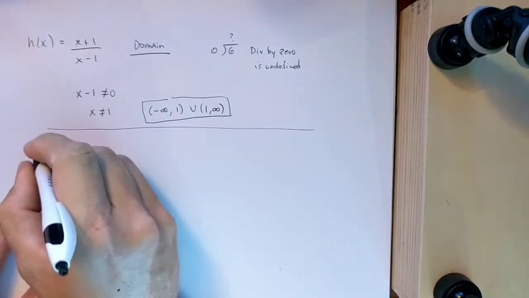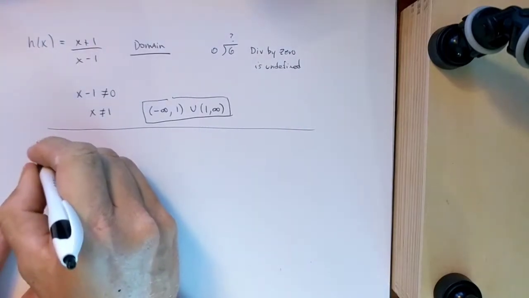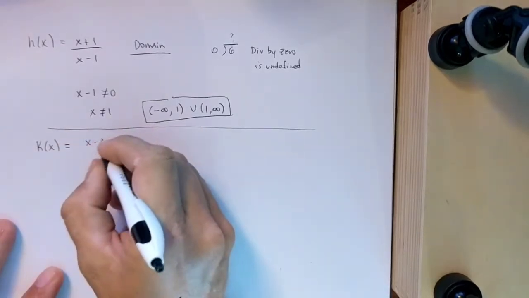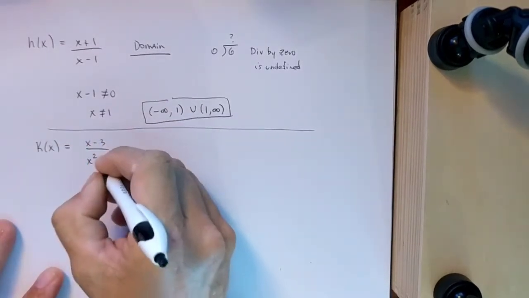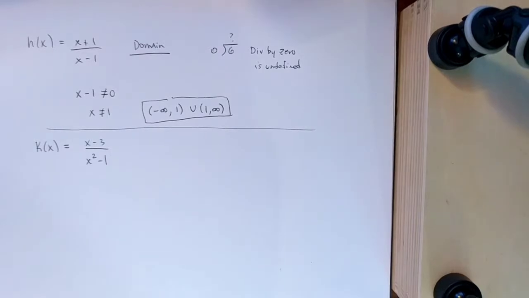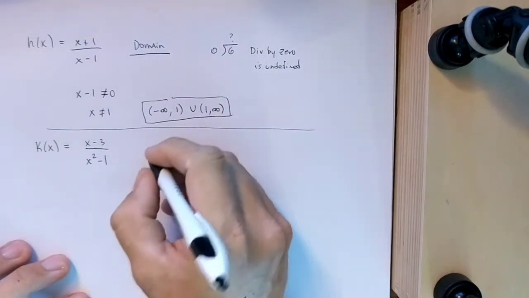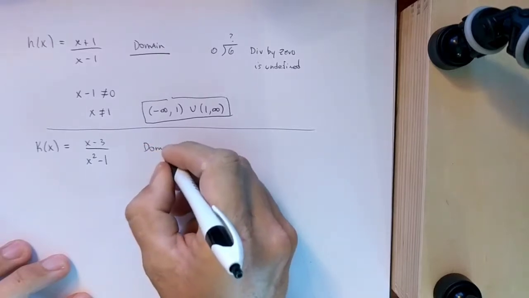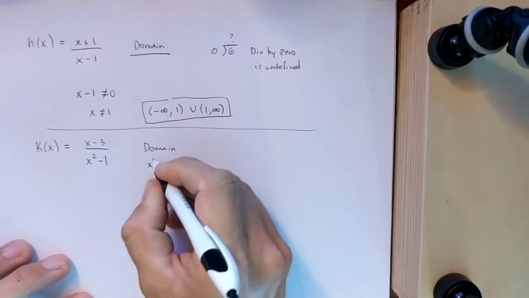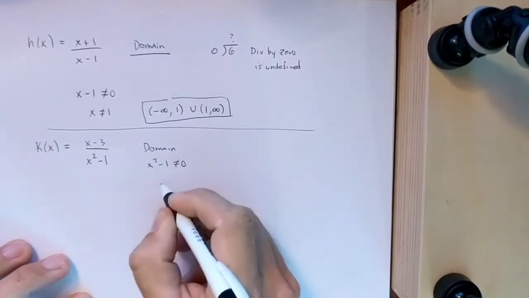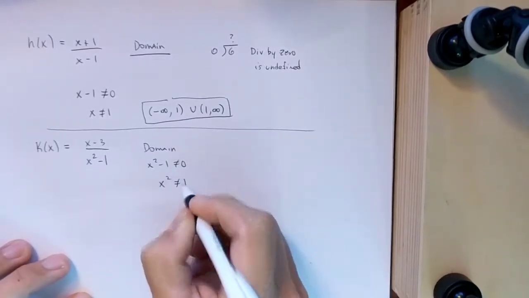Let's say instead that we had k of x is equal to x minus 3 over x squared minus 1. Okay, so again, we're not allowed to divide by 0. So for the domain, we'd say that x squared minus 1 cannot equal 0, which if you add 1 to both sides means x squared cannot equal 1.